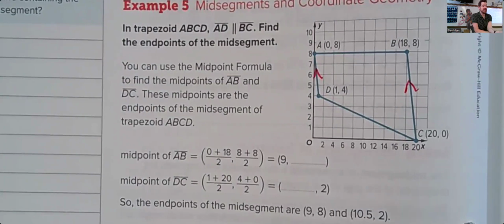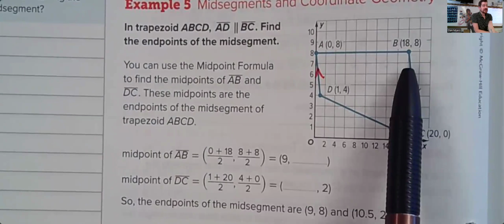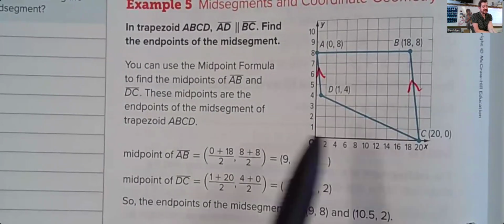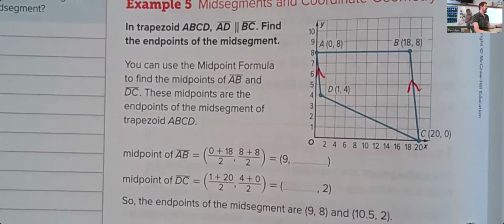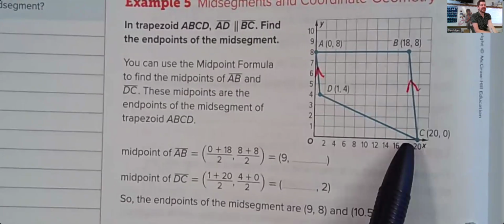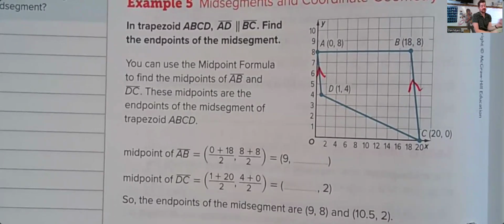So we need the midpoint between A and B, which will be easy because we can count. And we also need the midpoint between D and C, which will not be as easy, but it's not going to be challenging. You're good. We'll find the midpoint of D and C, which is not going to be as challenging as using the distance formula because the midpoint formula is a little bit easier to use.